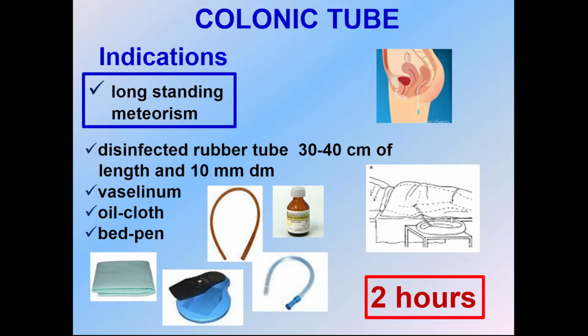But we remember, under the patient we will put oilcloth. End of the tube which will be introduced into the intestine must be lubricated with vaseline to prevent subjective discomfort. And it's introduced on the length 10-20 centimeters inside the intestine.